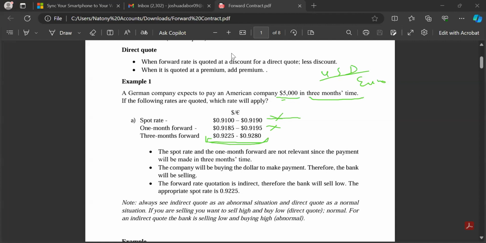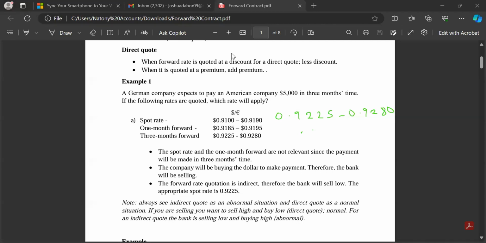Here we have two rates, 0.9225 to 0.9280.